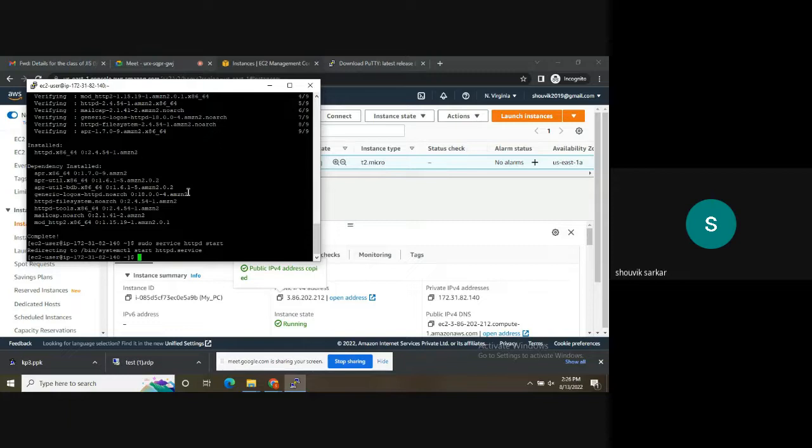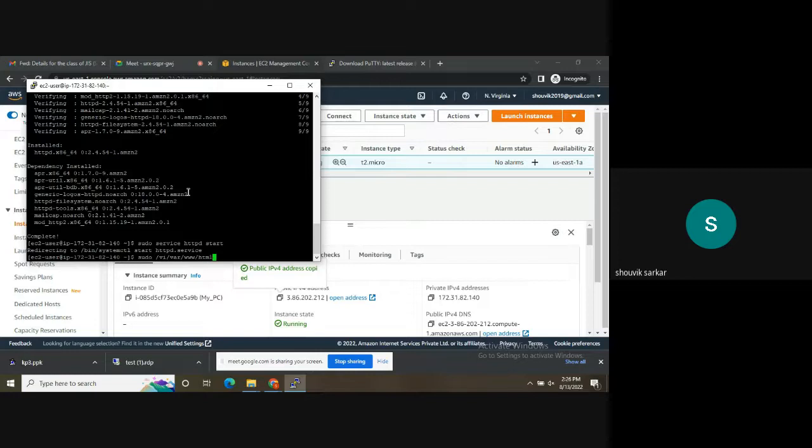Now we have created an HTTP server here. Now within this HTTP server, we introduce an index page, index.html. So what we need to write is sudo vi /var/www/html.